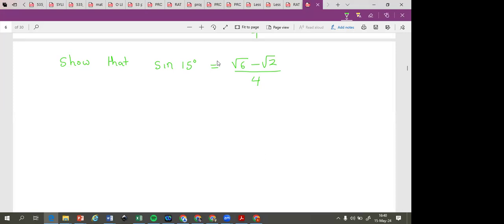Now, still, we have this one we are showing. When you look at the angle, still the first idea should come from 60, 45, 30. You ask yourself, is there any way I can obtain 15 using any of these angles? Yes.